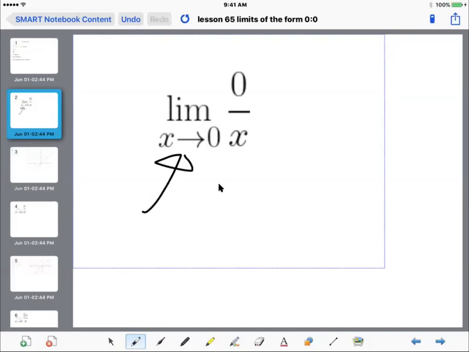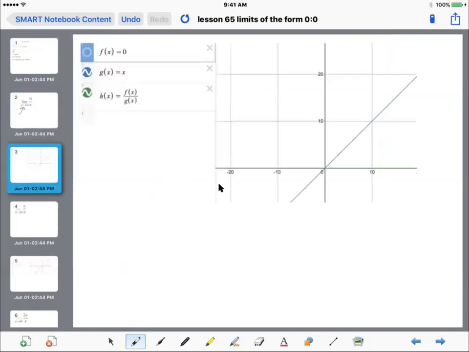And one way to visualize this one is to look at a graph. This is a graph of 0 over x for different values of x. So for instance, when x is 10, 0 over 10 is 0. This green line is the quotient.